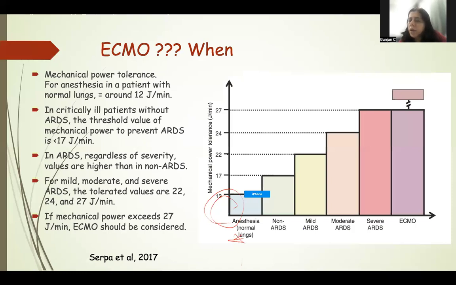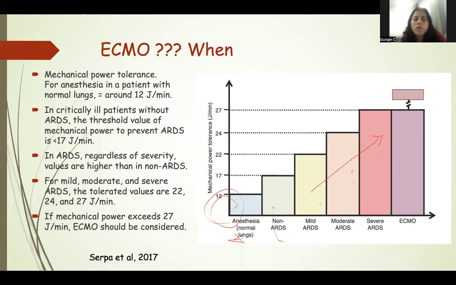In non-ARDS ventilated lungs with some other diseases, 17 is okay. But as the ARDS worsened, the mechanical power was worse and worse, going from more than 17 in mild to more than 22 in moderate to more than 24 in severe ARDS.